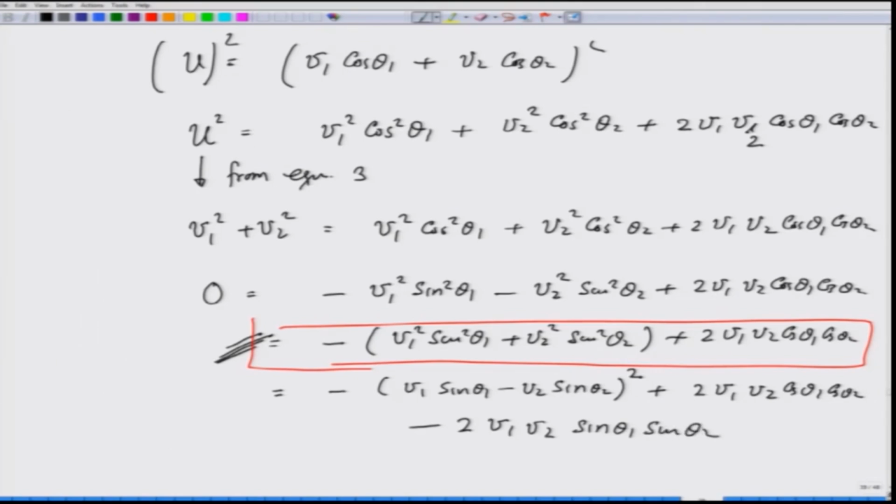Everything sits well. Now, I already know that v1 sine theta 1 minus v2 sine theta 2 is 0. So, this term is going to be 0.